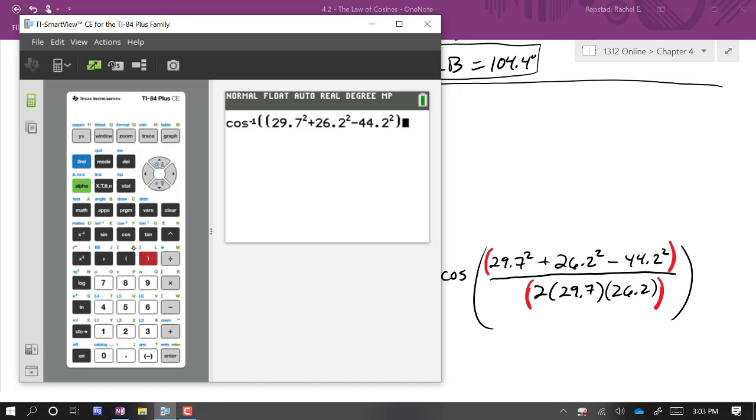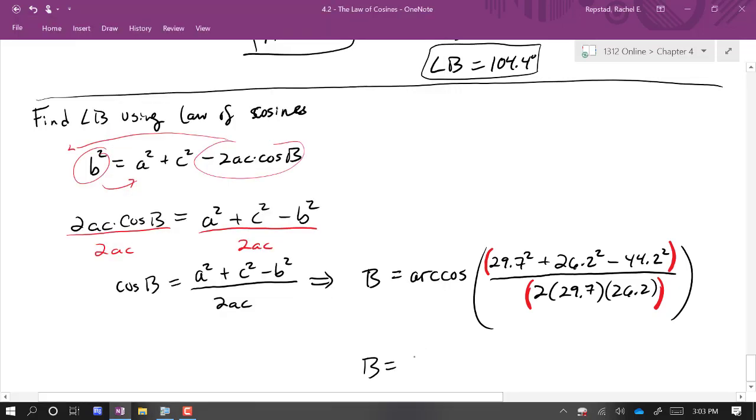Close the parentheses for the numerator, divide by, open paren for the denominator, 2 times 29.7 times 26.2. Close denominator, close the arc cosine, and we get 104.3 degrees.